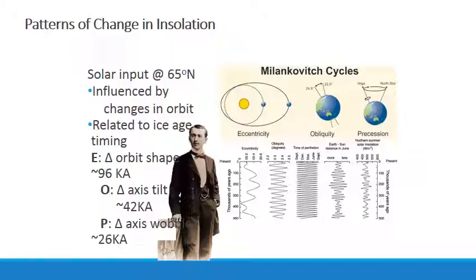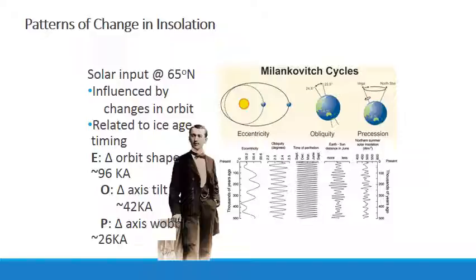About 100 years ago, a Serbian mathematician named Milankovitch became interested in the climatic history of the Earth, and he began to compile astronomical data from great historical scientists to determine the amount of insolation in those northern latitudes, the yellow band, the green band, at different times in Earth's history. He was interested in learning whether Earth's past ice ages could be explained by Earth-Sun relationships, week 1 stuff.